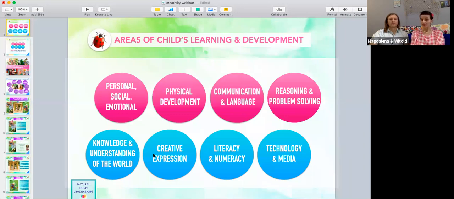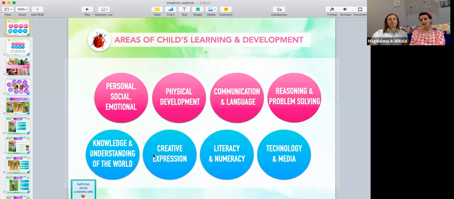Then we have creative expression as another area of development, which we're going to focus on today. And then we have literacy and numeracy, specifically, which is about reading, maths, so numbers. Not only numbers, but maths. Number recognition and counting.